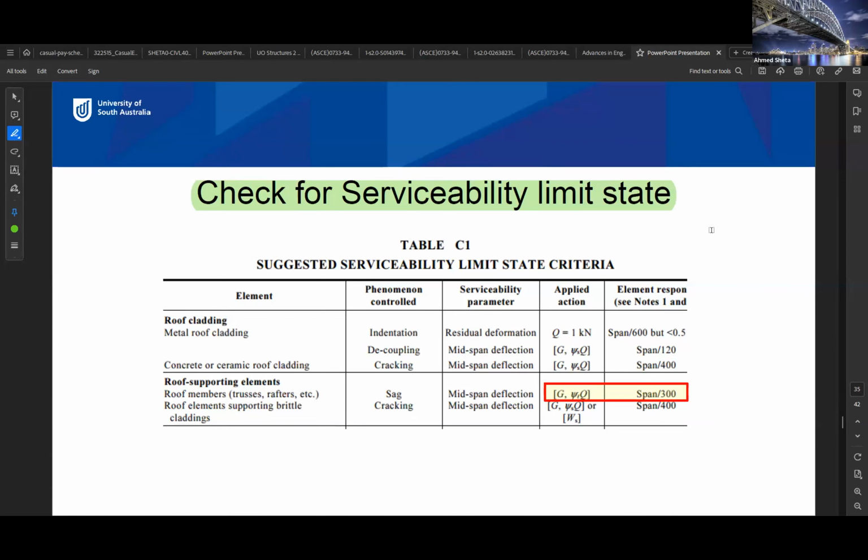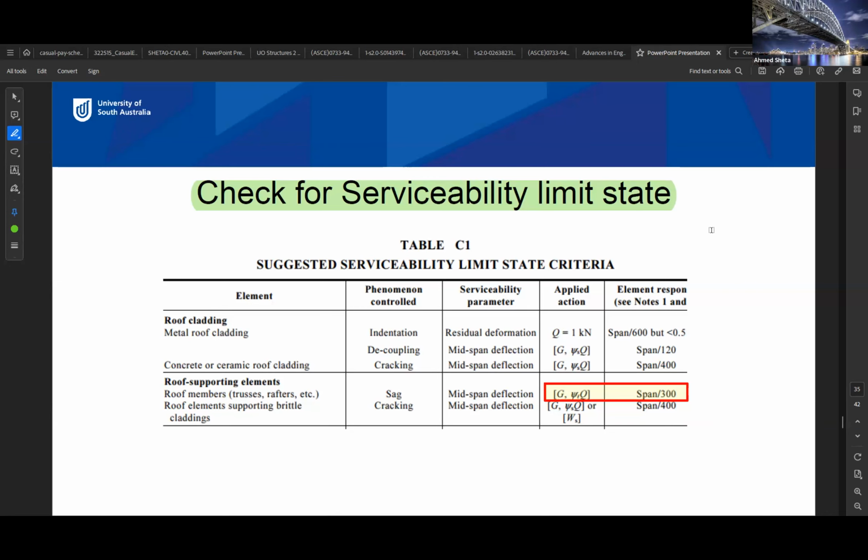So maybe the structure is still safe, but when you look at the roof from the front, you see it's very, very saggy or something like this, so you feel unsafe. It's something like for normal life or under normal loads.